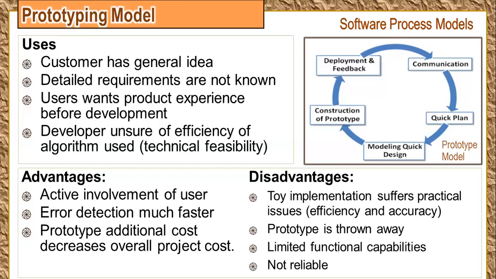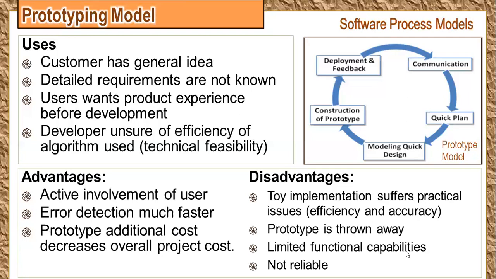Next, you are paying additional cost for the prototype. But what you are going to do finally is throw away the prototype, because what the client wants is software. So you are paying the cost for the prototype, but you are throwing it away. Prototype is also named a throwaway product. It will have limited functional capabilities.